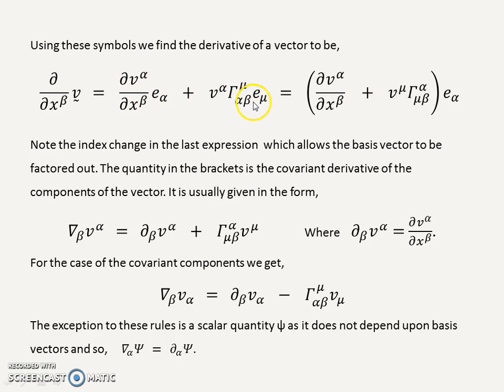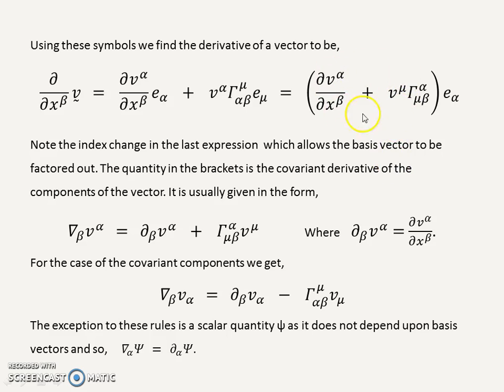And what we can do now is factor out the basis vectors by relabeling them. These are dummy indices. They don't have to be labelled mu, they can be labelled anything else. We can swap them with alpha. So mu and alpha can be interchanged as dummy indices, and that then gives us E alpha here and E alpha over here, factorise it out, and what we're left with is the covariant derivative of the components of the vector.